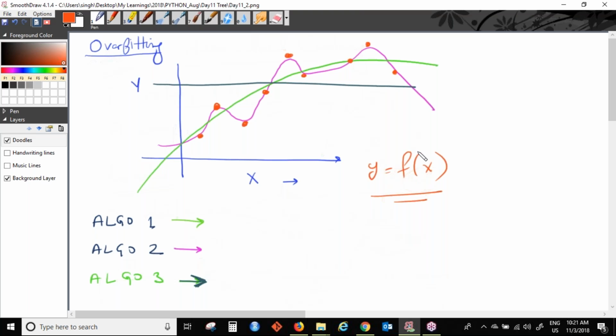Anupama says algorithm 2 is better. Okay. What about the others? Why not algo 1 or algo 3? But Anupama, the pink one passes through. Okay, yeah, that's why you have said pink one. Bharti also says Algo 2 is a better fit with the data points.